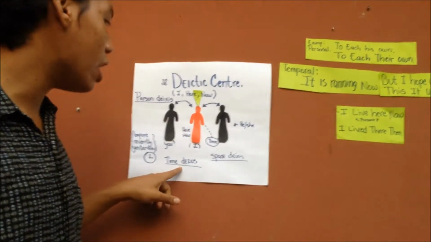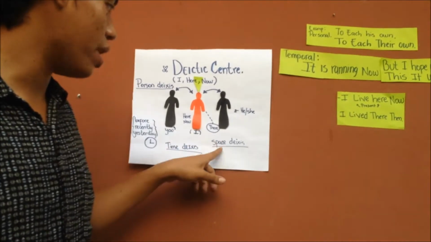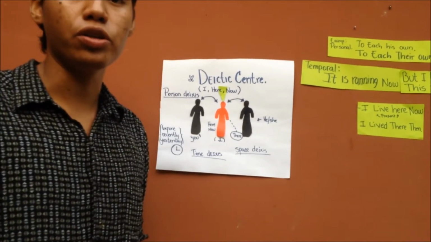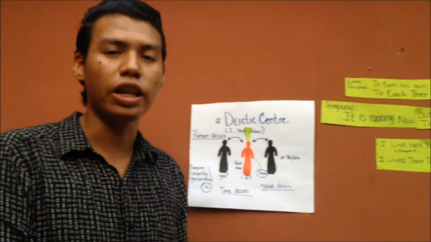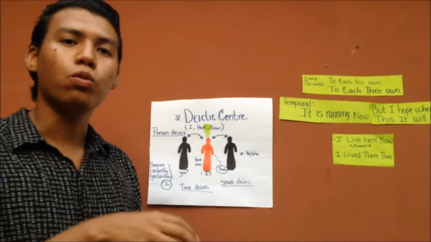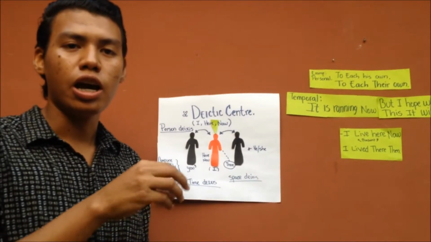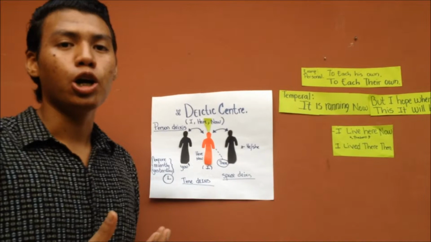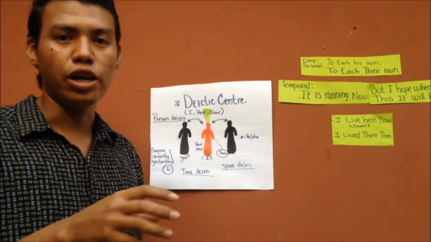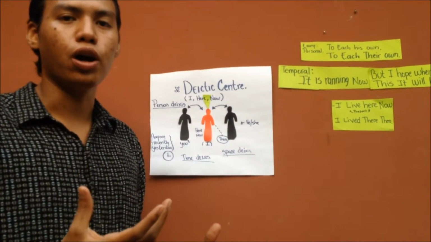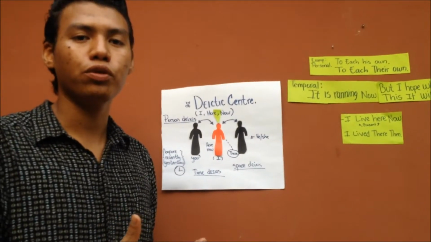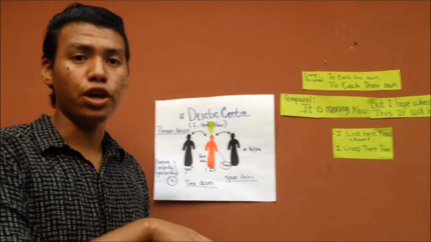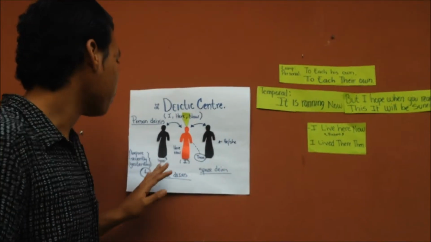Then we have time deixis and also space deixis, because we use those expressions to refer precisely to what time or what place the speaker or user of those expressions wants to refer to in their context.